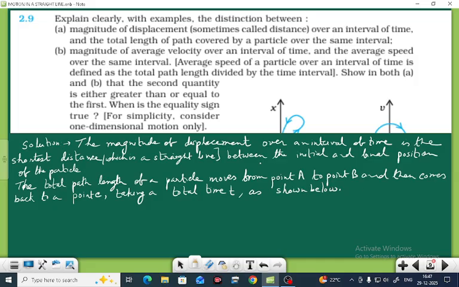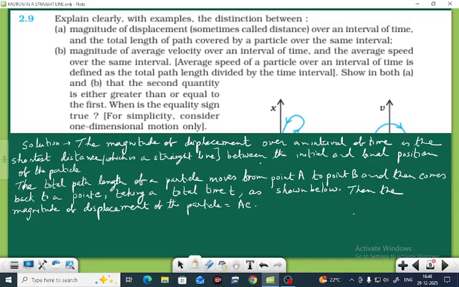Then the magnitude of displacement of the particle is equal to AC.